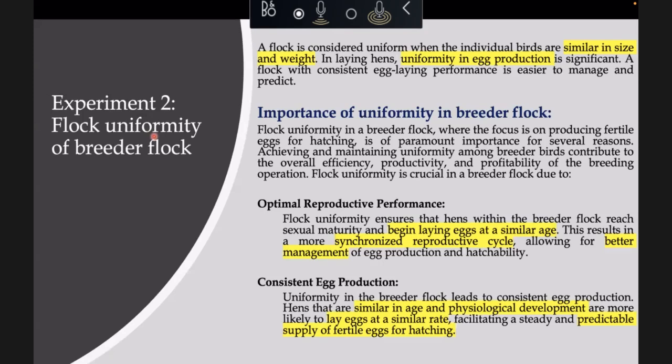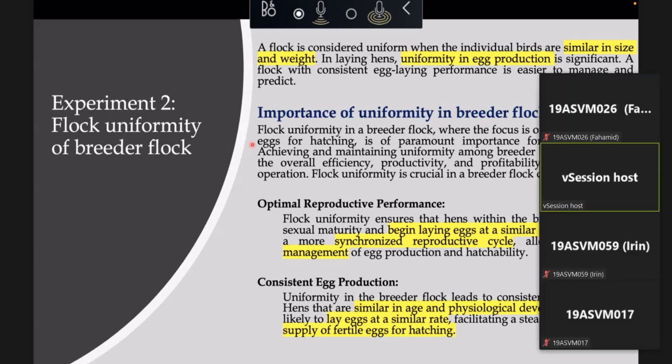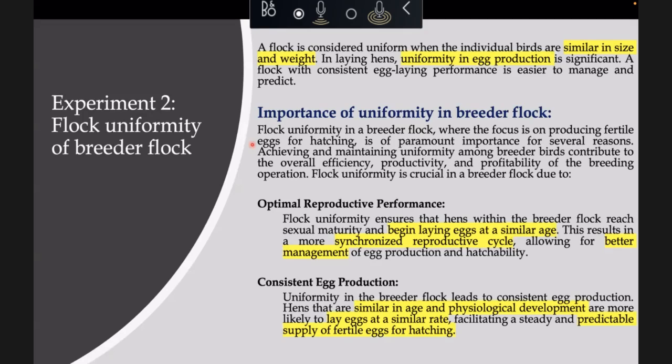But here we are going to discuss the uniformity for the breeder flock or breeder stocks. The thing is not so different though, but we will particularly focus on the importance of uniformity regarding egg production, because breeder flocks are supposed to be reared for fertilized egg production.